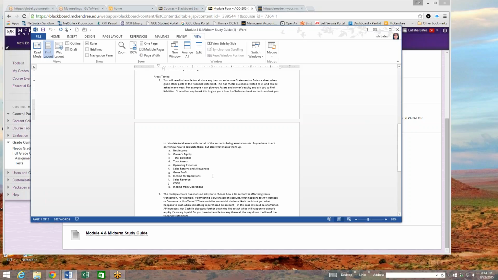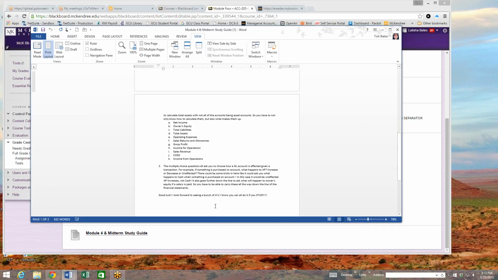And not only do you have to know how to calculate them in a straightforward manner, but let's say you were given the gross profit and you were given income or revenue, and then you were asked, so what are expenses?